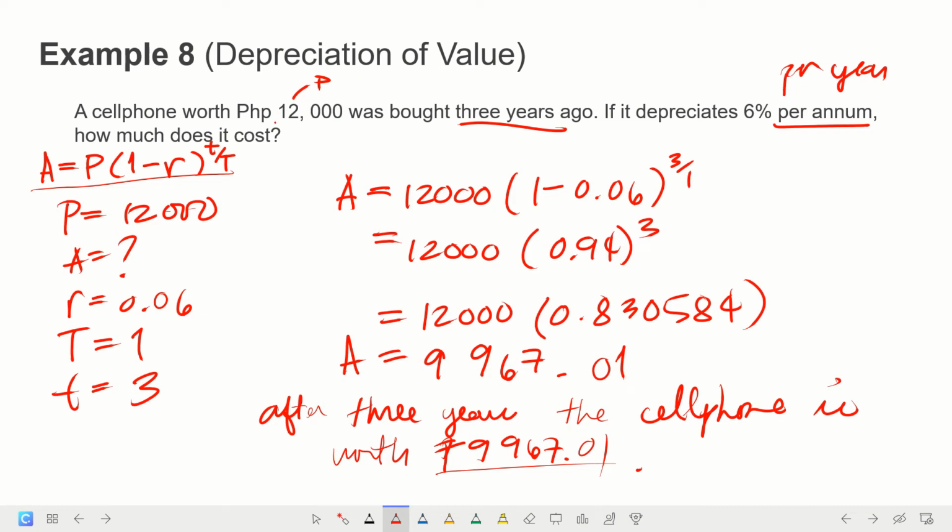If 12,000 here means the new worth or new cost of this phone, then you can just solve for the value of P. But since here 12,000 pesos defines the initial worth of the cell phone, then we use this to look for our future value. So, the value depreciates by 6% every year, and the new value would be 9,967 pesos and 1 centavo.